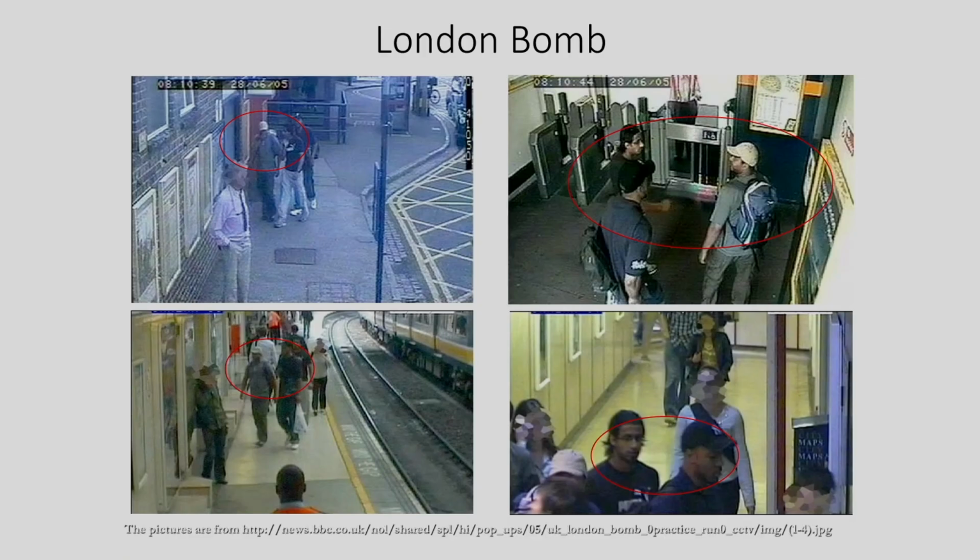And here I have shown one practical example, that is the London bomb attack. Here in the figure you can see I have shown some of the frames of the CCTV video sequence, and in this case you can see the terrorists were detected by CCTV. So this is related to the London bomb attack. I have taken the pictures from this website, and this is one application, that is the anomaly detection.